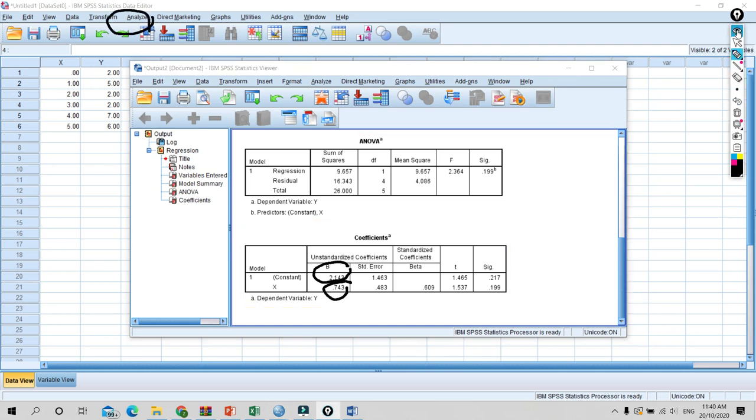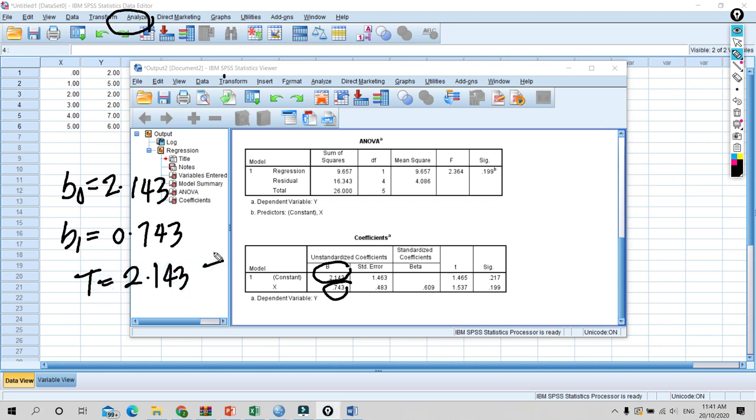So we can write here, our B naught is equal to 2.143, and our B1 is equal to 0.743, and the trend line or the regression line is equal to 2.143 plus 0.743x. This is our trend line by using SPSS.